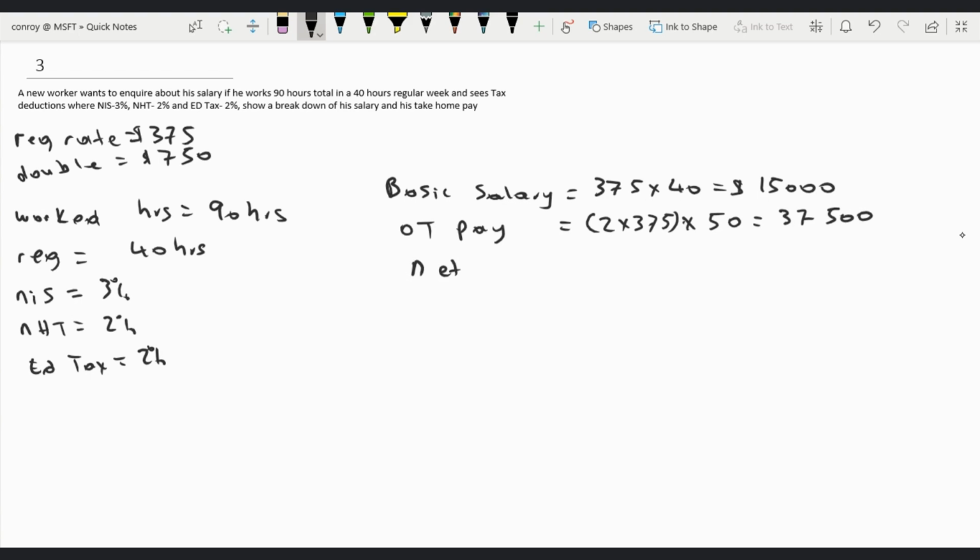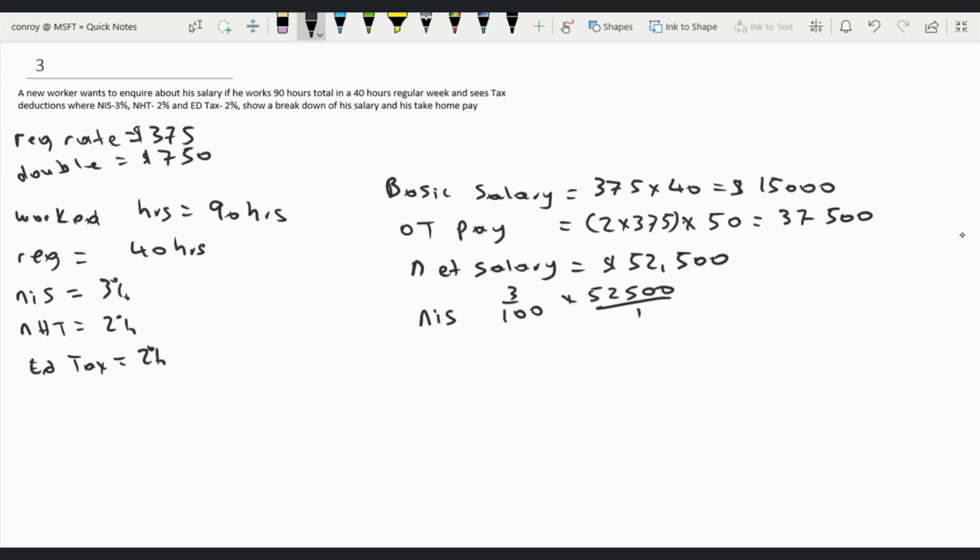Alright, so the gross salary, which is the basic salary plus the overtime, that would give us 52,500. Alright, so this would be his gross salary. Now the NIS, which is 3%, so 3 over 100, times that now by the 52,500 over 1.